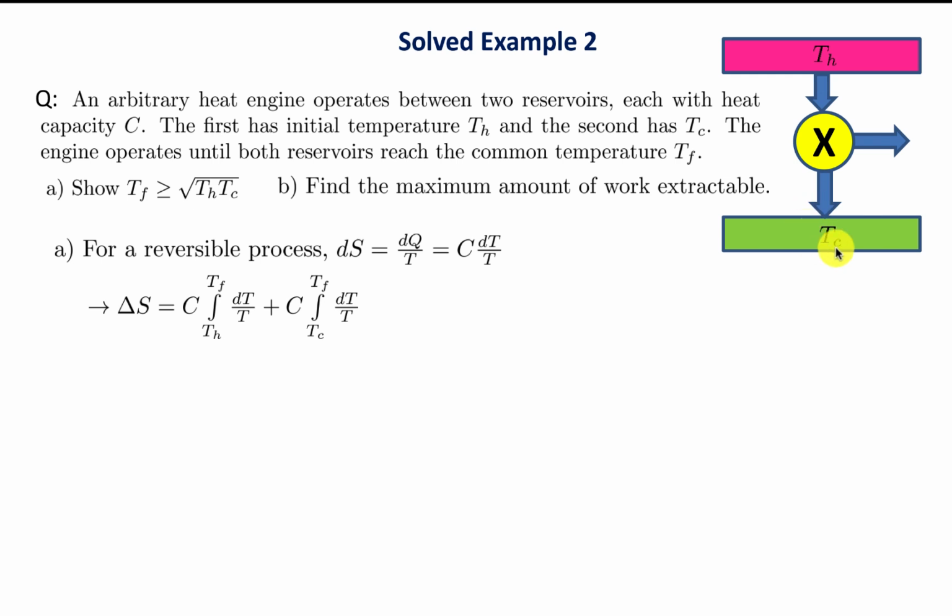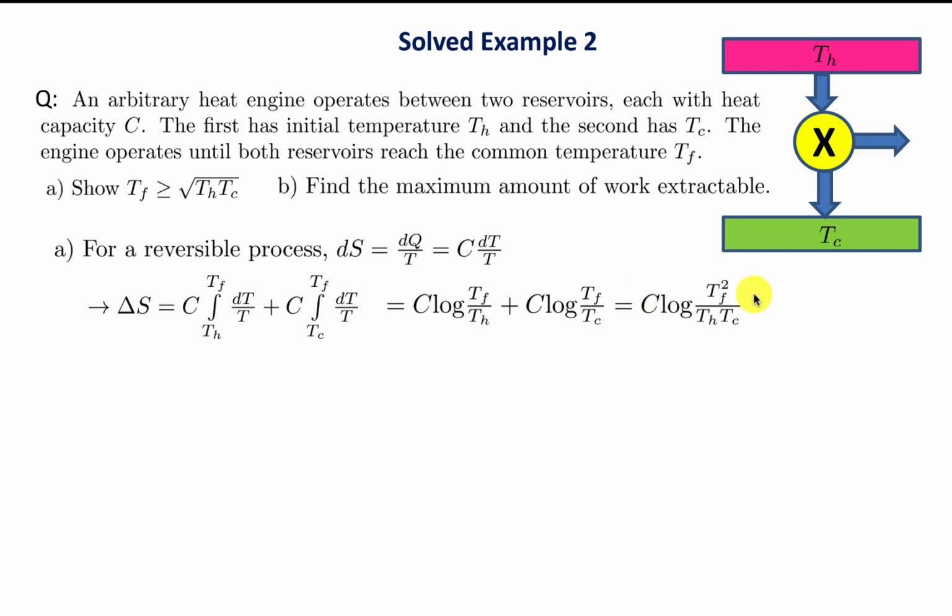So here we will integrate from TC to TF, and of course this is a trivial integration. It is simply C times the log of TF over TH plus C log TF over TC. When you combine them, it's this. The heat capacity is obviously a positive quantity.